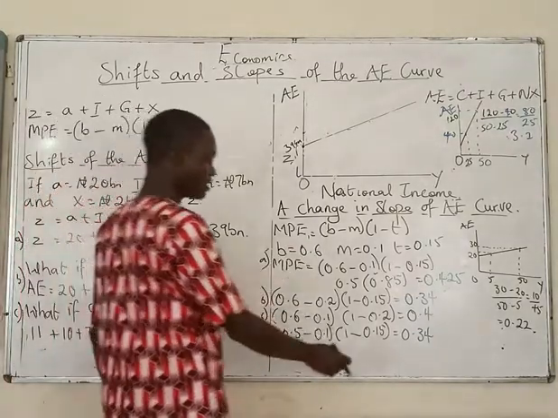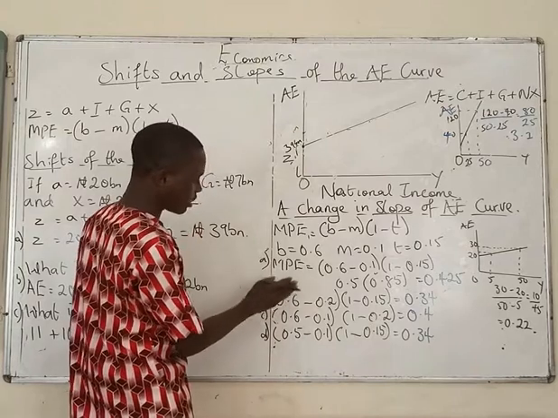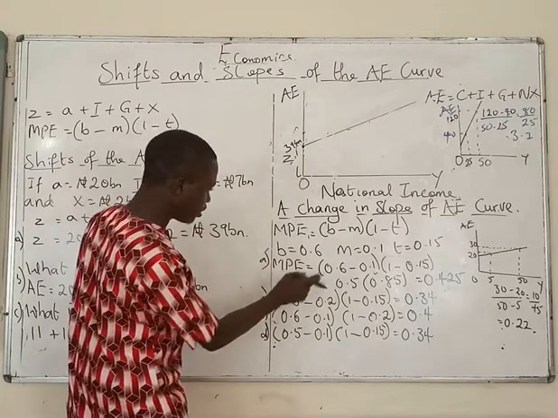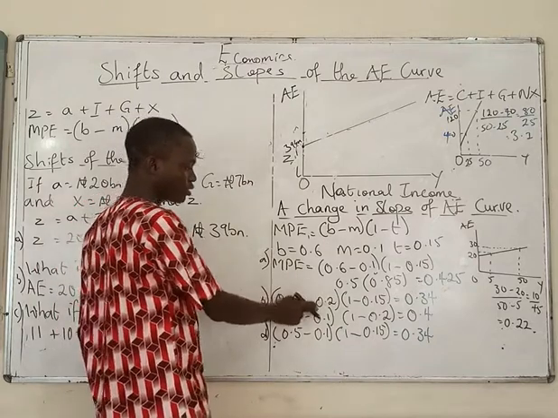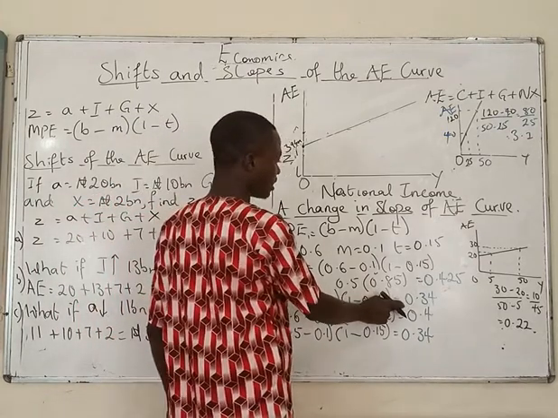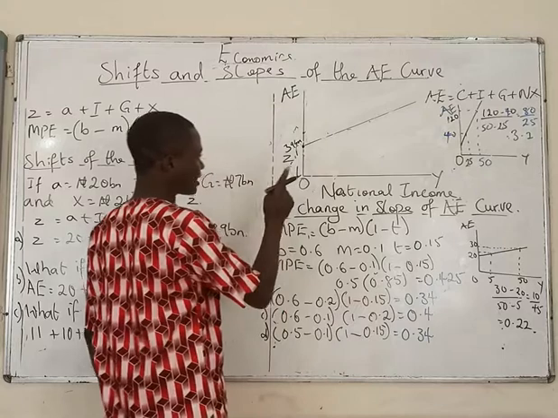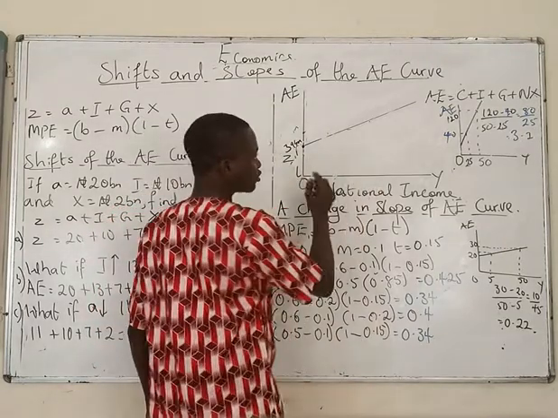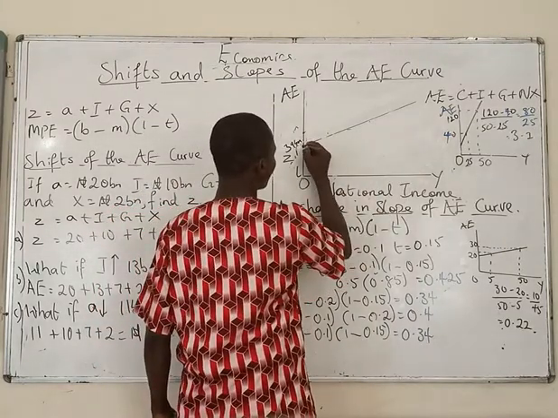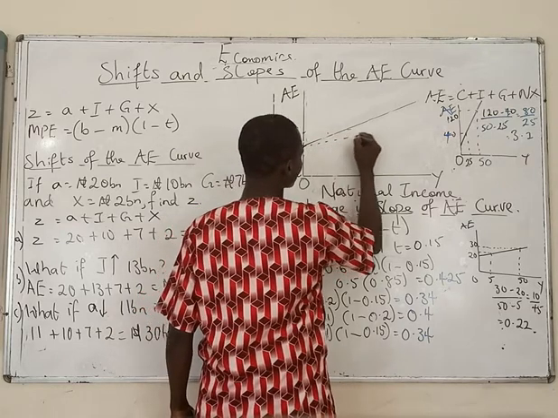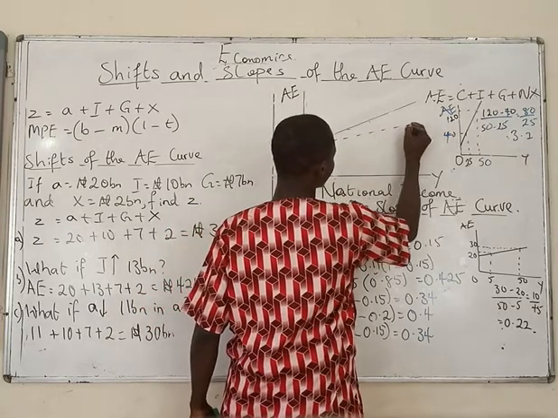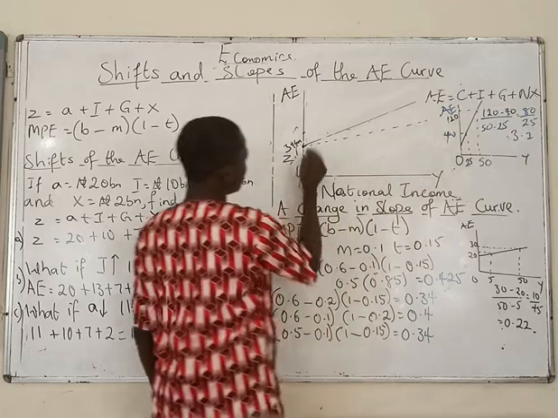So in all of these cases, when the MPE, what's changed here? When the MPE increased from 0.1 to 0.2, the slope becomes gentle. So instead of having this kind of slope, we'll be having this kind of slope now. Look at it.